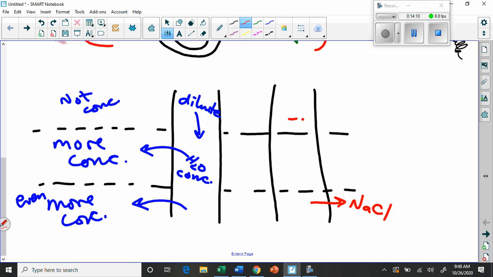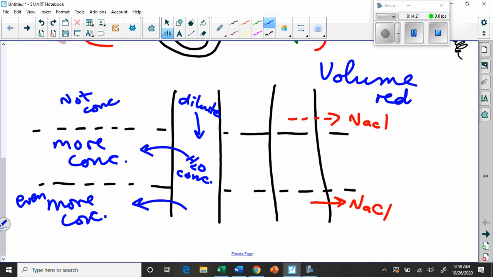So when the salts come out, and they're actively transported out at the top, what we end up with is a volume reduction. That's an important thing, a volume reduction. And we've conserved water by doing that. So we're actually going to be making less urine and not have the same volume.